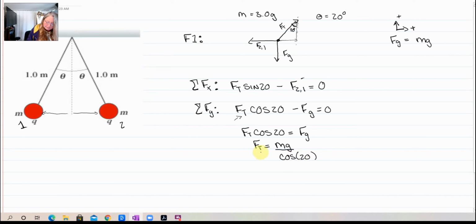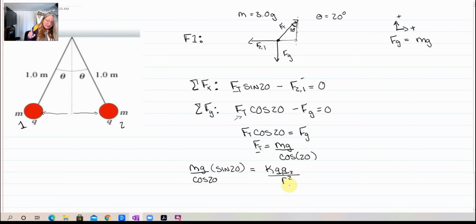Now I can take this information and put it into here. So I'm going to get mg over cosine of 20 times sine of 20 equals our Coulomb force, kQQ, Q1 Q2 over r squared.